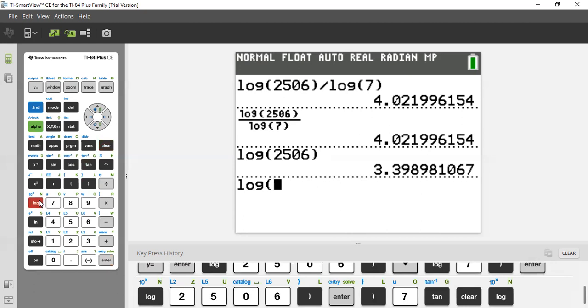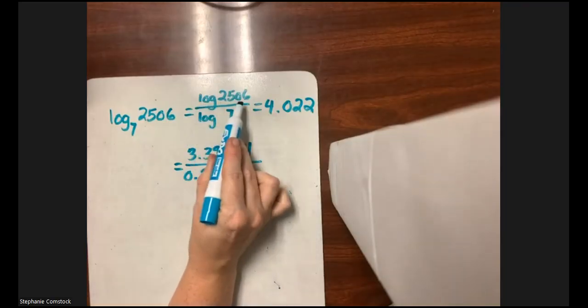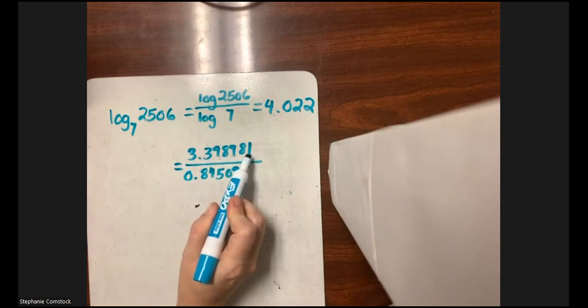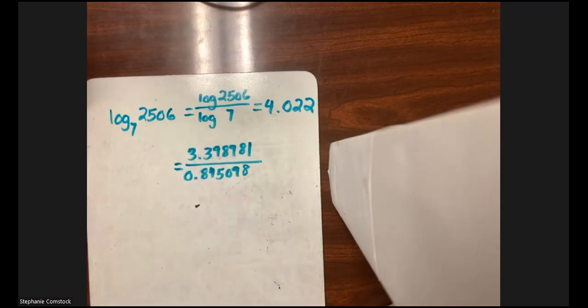So I'm going to do log of 7, and I am writing these down on my whiteboard. 0.845098. Okay, so let me show y'all real quick what I'm doing here. I found log of 2506. I wrote that down several decimal places out. I did log of 7, and I got this. And now I'm going to go back in and do that division.